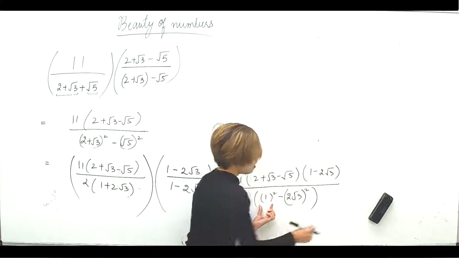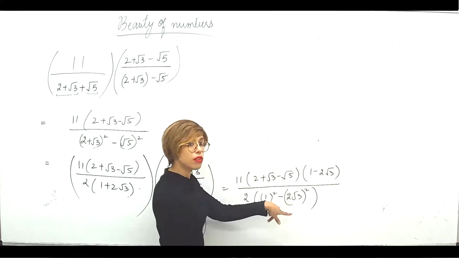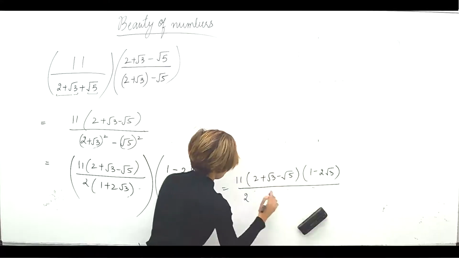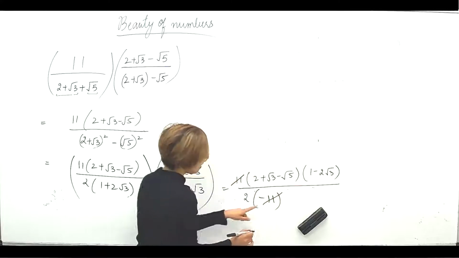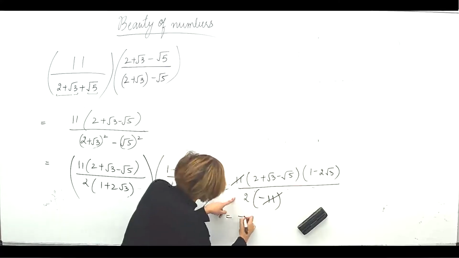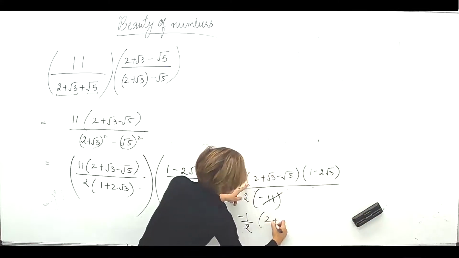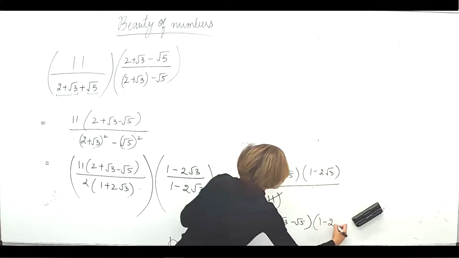Okay. So this is obviously 1 and this is 2 root 3 whole square. So 4 into 3, 12. 1 minus 12, that is minus 11. Right? This and this gets cancelled. So this is nothing but a negative sign, so be careful. Minus 1 by 2 into this big quantity, 2 plus root 3 minus root 5 into 1 minus 2 root 3.